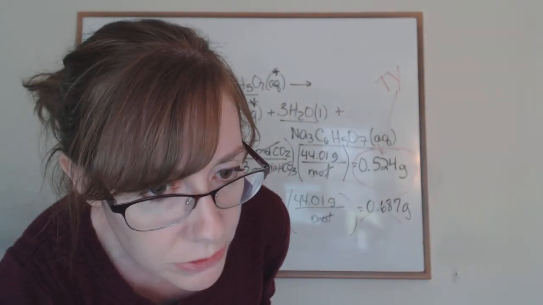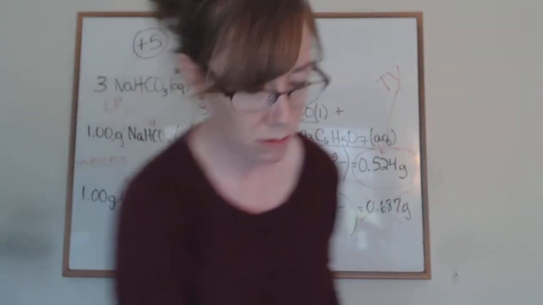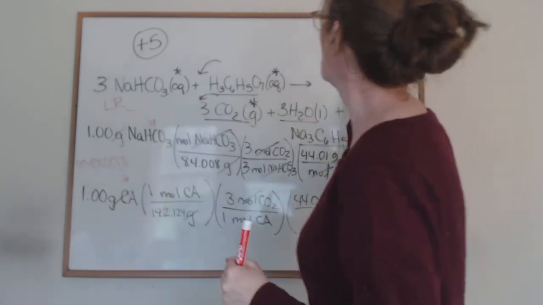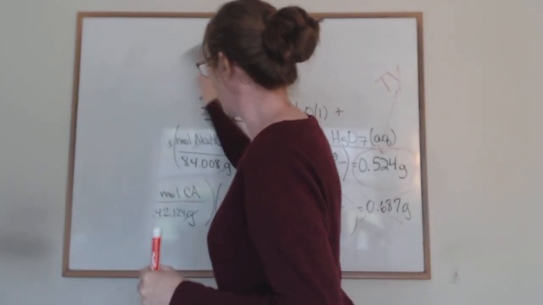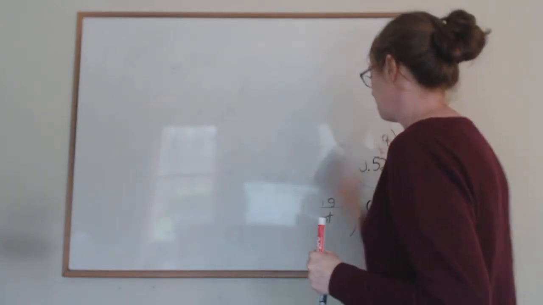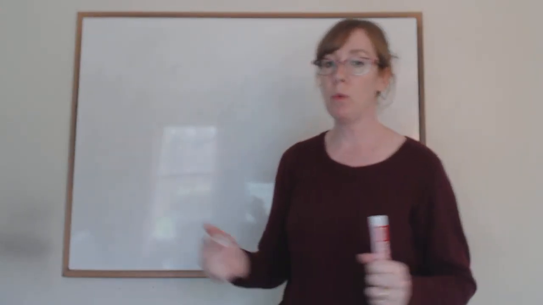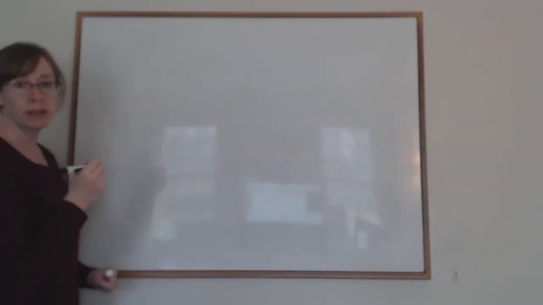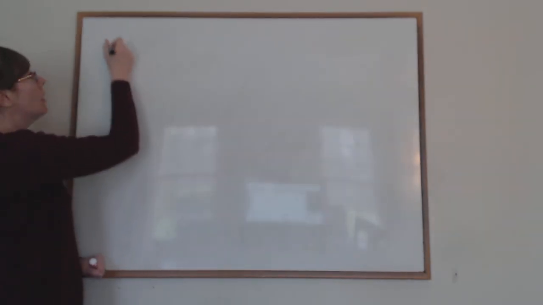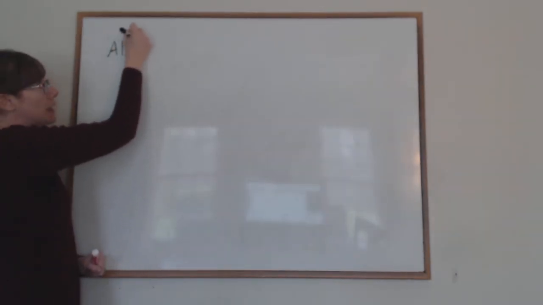And now moving on to number 6. Aluminum sulfide reacts with water. So aluminum sulfide, I'm given words here. Aluminum is a 3+ ion.